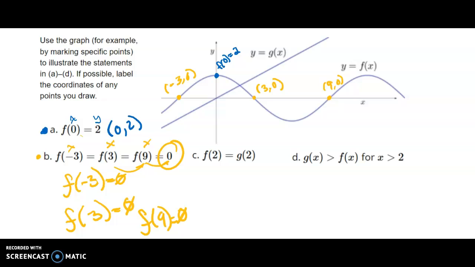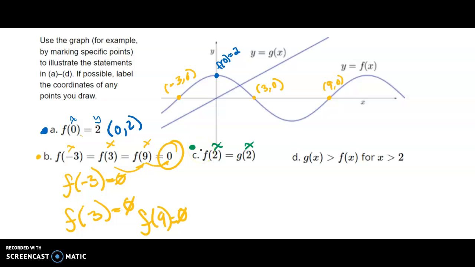Okay, so let's move on to the next one here. Okay, C, f of 2, so at 2 on my f graph, it's going to be the same as my g of 2. So when you see a problem like this, it means where do they both hit?